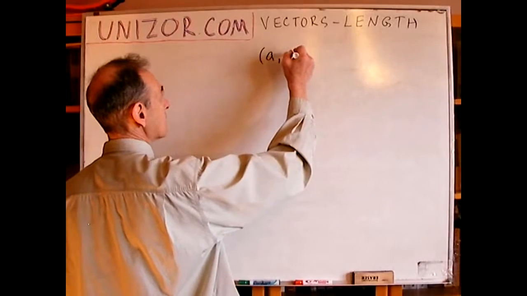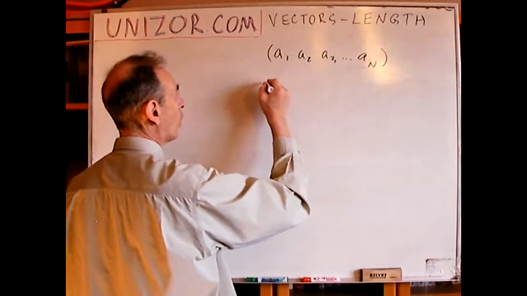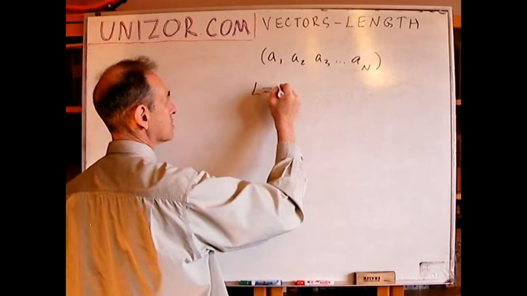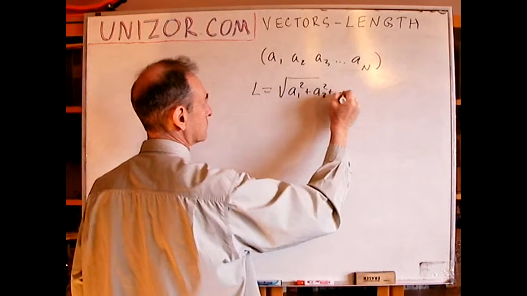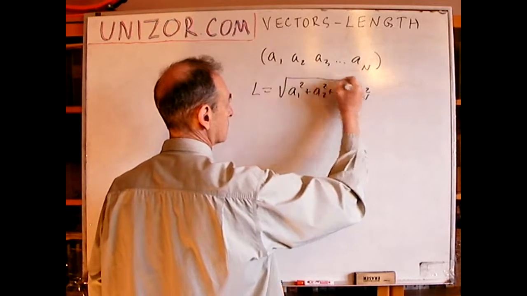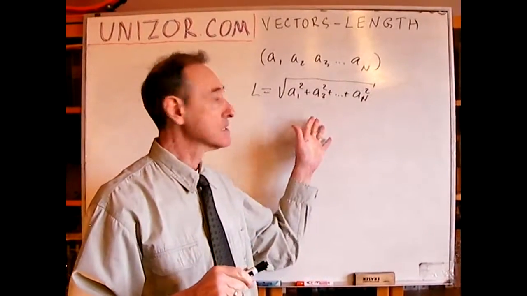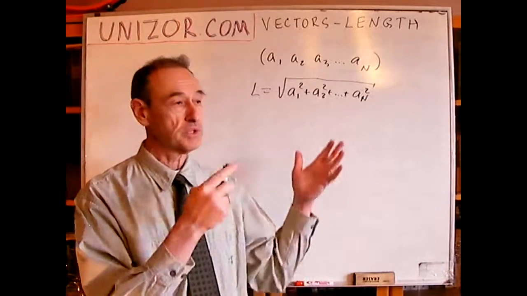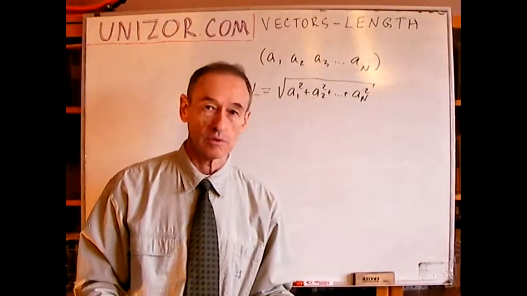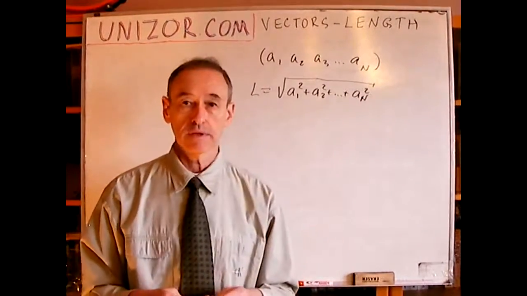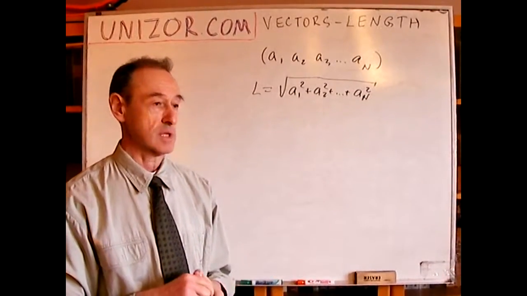So if vector has the components, we can always think about the length, which is equal to square root of sum of their squares. So basically, this is a definition of the lengths for all these strange situations. But in 1, 2, and 3 dimensions, it's quite an obvious thing that the formula is exactly what it is. And that's why it was expanded to other dimensions as well.